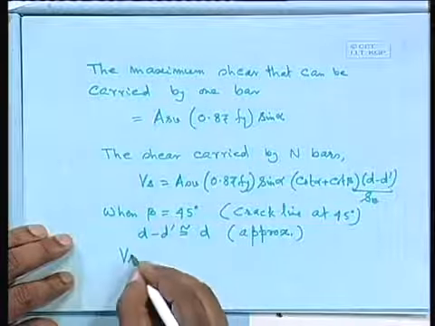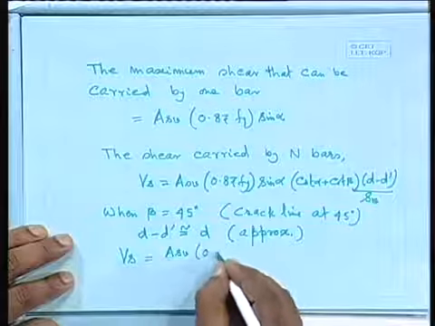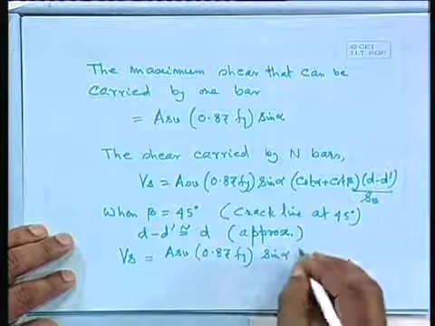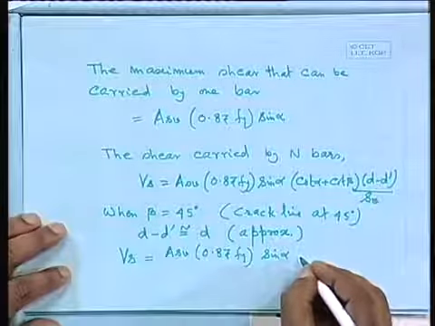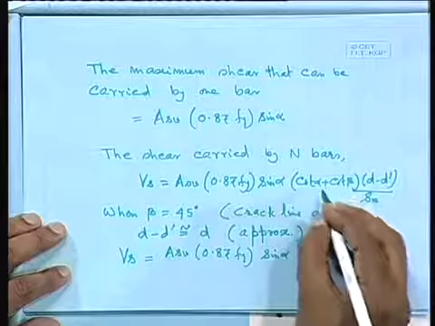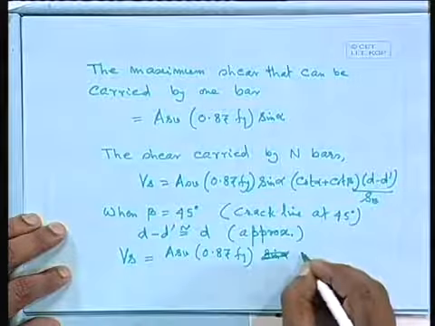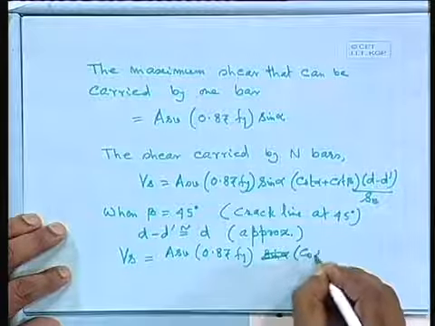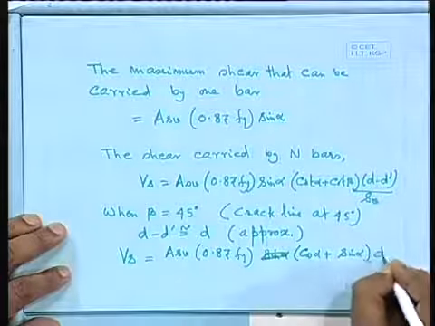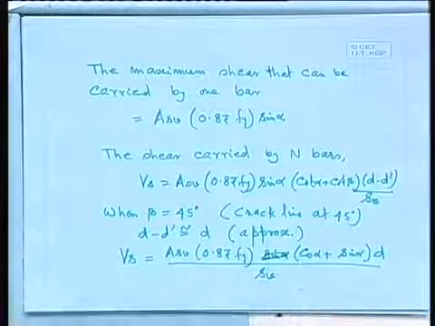So we can write down Vs equal to ASV times 0.87 Fy sine alpha times, we could write down here, sine alpha, so cosine alpha plus sine alpha times D divided by SV.